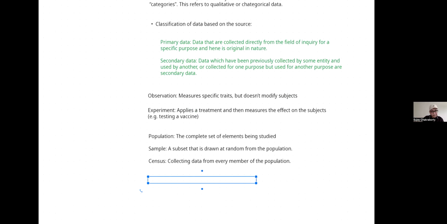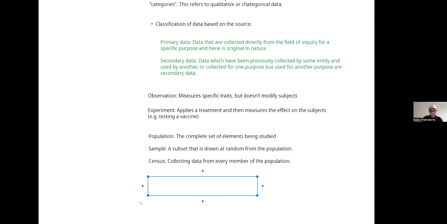But when we want to estimate that parameter based on a sample, what we compute from the sample is what we call a statistic. Okay, so a statistic is basically some characteristic of a sample.